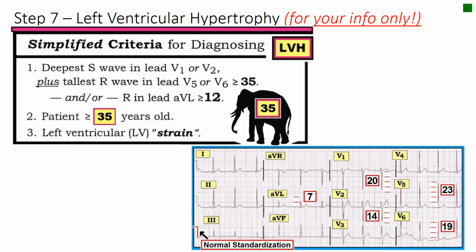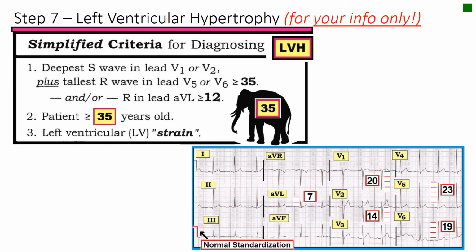So the simplified criteria is the deepest S wave in V1 or V2 plus the tallest R wave in V5 and V6, if that measures to more or equal to 35 squares, and/or the R in lead AVL is greater than 12, then basically you meet the criteria for left ventricular hypertrophy. In a patient that is over or equal to 35 years old, and there may also be left ventricular strain.